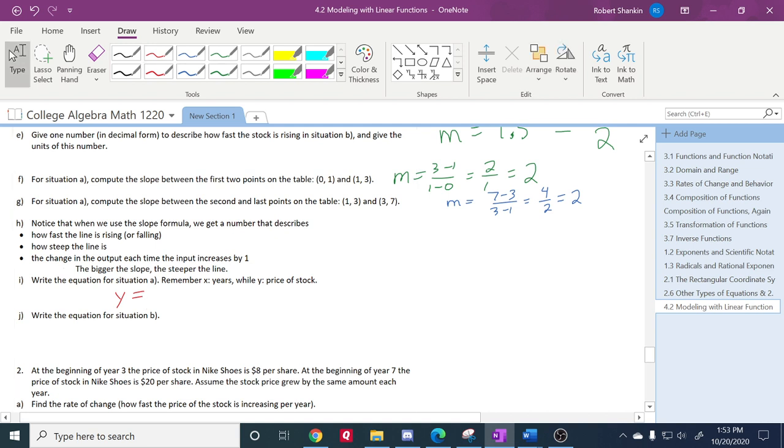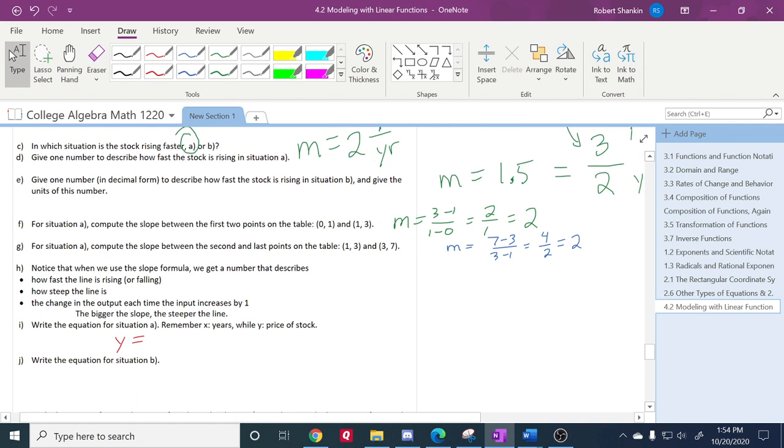So let me give you a minute to do that, and then part J asks you to write the equation for B. Alright, let me have you stop.